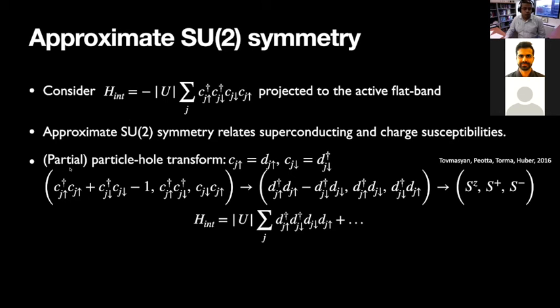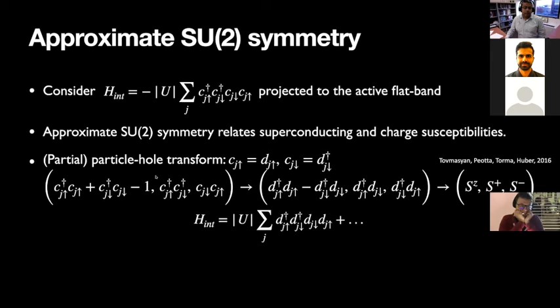Imagine you were to carry out a partial particle-hole transformation on your electrons, meaning you take your original up-spin electron and leave it the same, but call it d, but you take your down-spin electron and rewrite it as d-down dagger. Now, this is basically the total electron density.